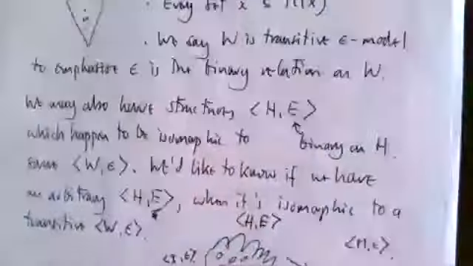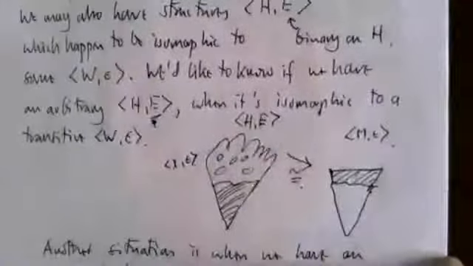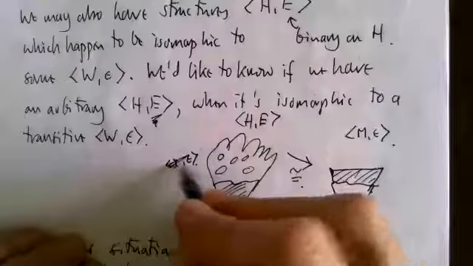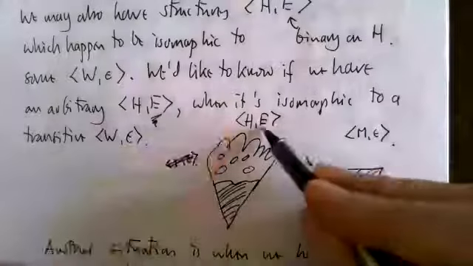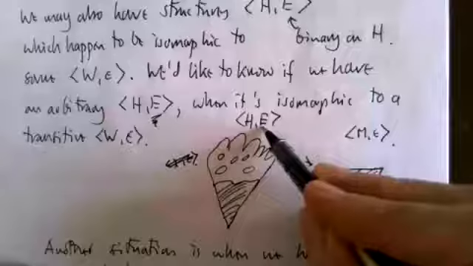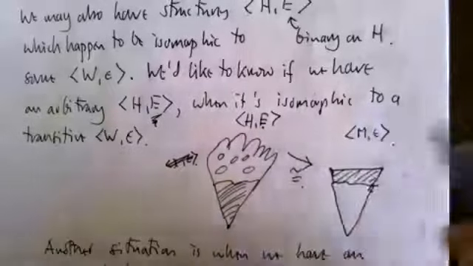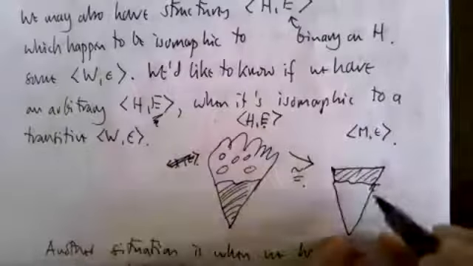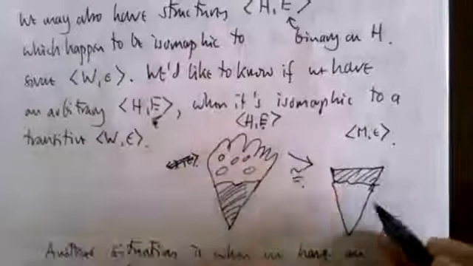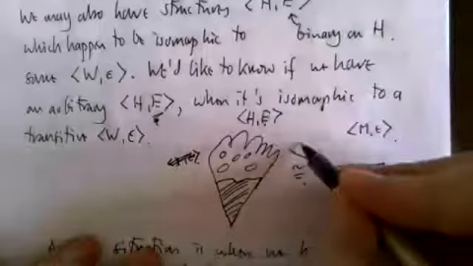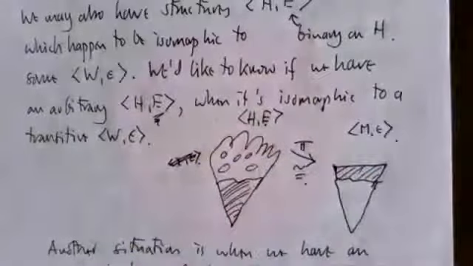Right. So in the ice cream cone picture, if the relation here is well-founded and extensional, there's only one choice of transitive set that it's isomorphic to. There's M, and there's only one choice of pi, which is this isomorphism.